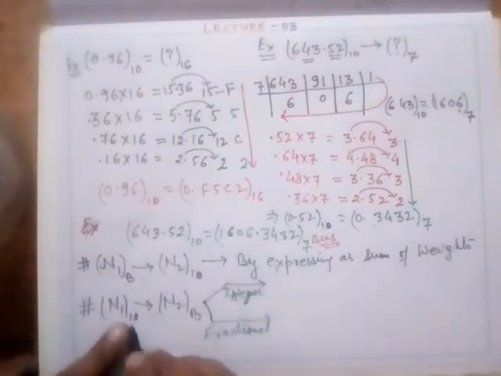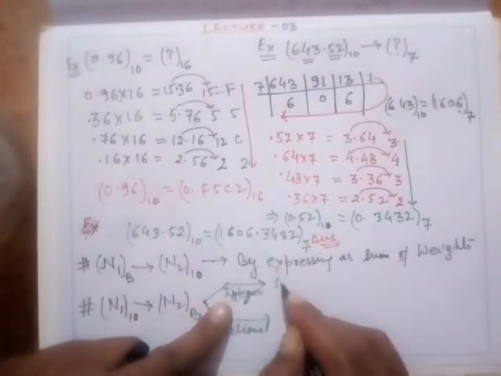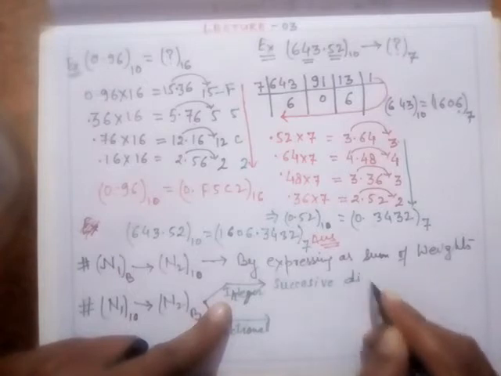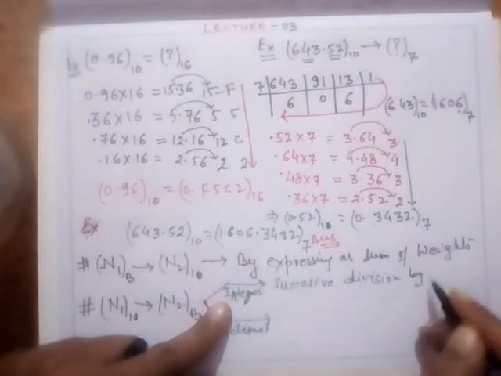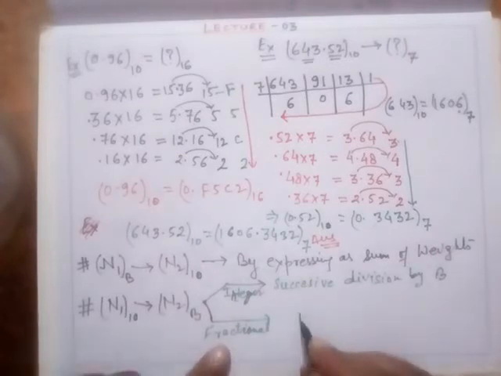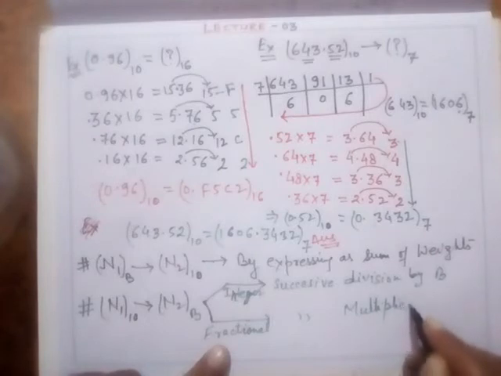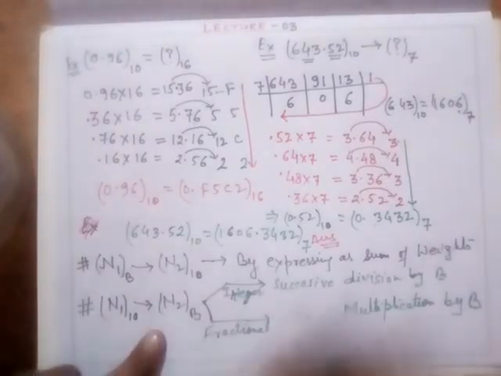If you have to convert a decimal number into any other base, the integer part is done by successive division by this base b, and for the fractional part you go for successive multiplication by the base b to which the number is to be converted.